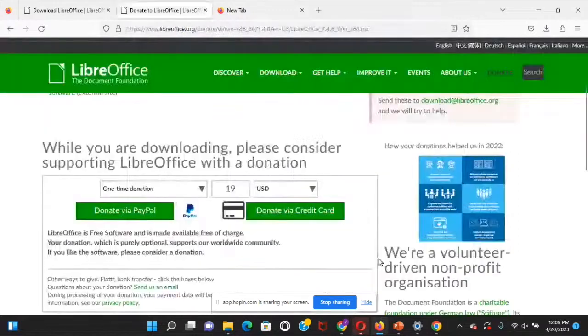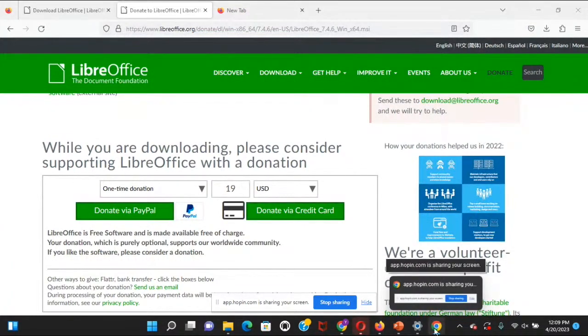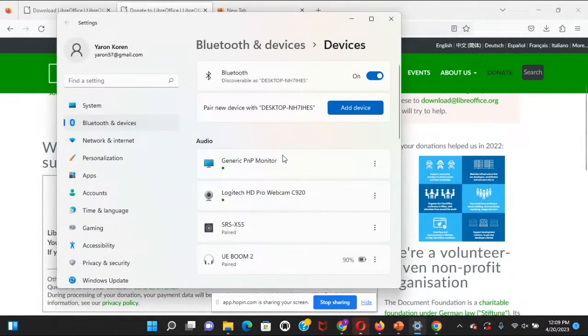I don't think it's working on Firefox. Okay, don't look at the LibreOffice thing. I think for some reason you guys in the in-person presentation are seeing a different screen, and that's not what I'm going for. I'm just saying, don't download LibreOffice.